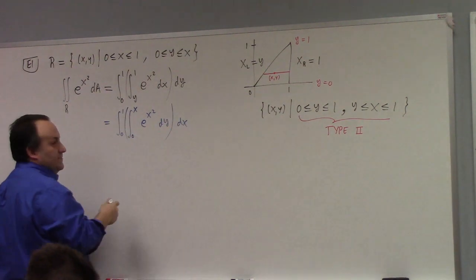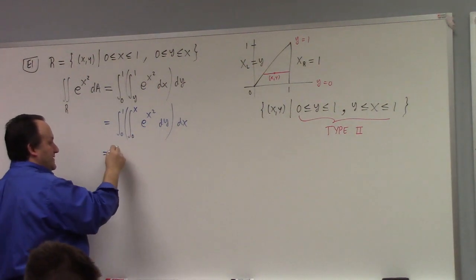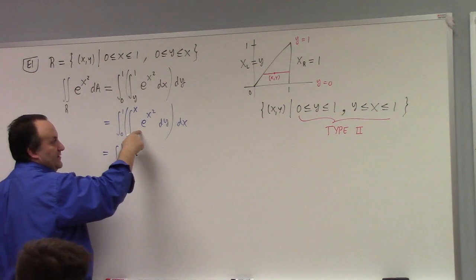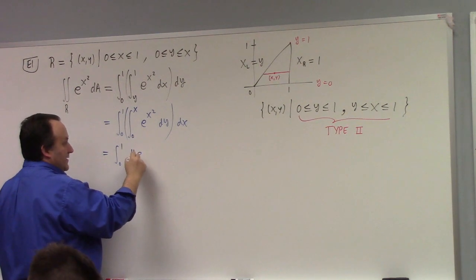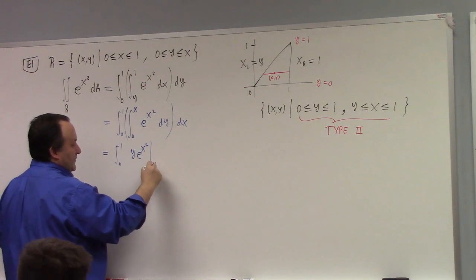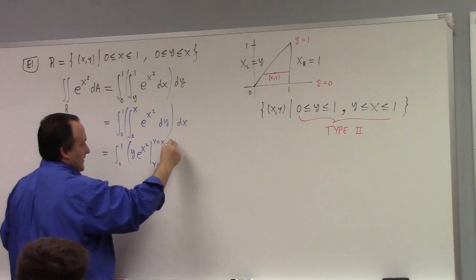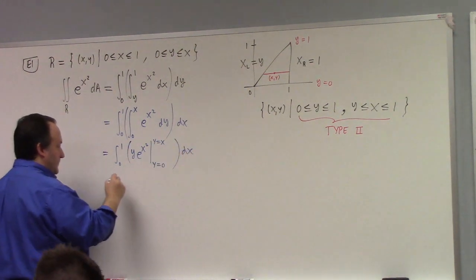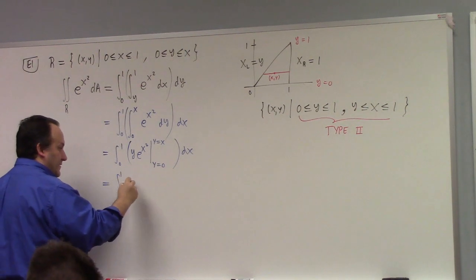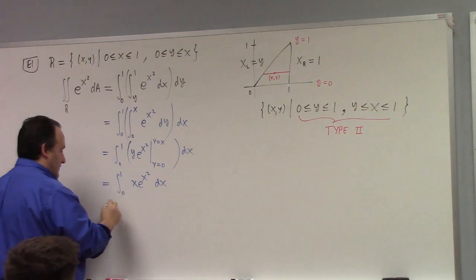Then we're able to make progress, because that's the integral from 0 to 1, and the integral of this is y, e to the x squared. I evaluate that from y equals 0 to y equals x. And it just so happens that with that order of integration, I get x e to the x squared dx, right? We should all be able to integrate that.